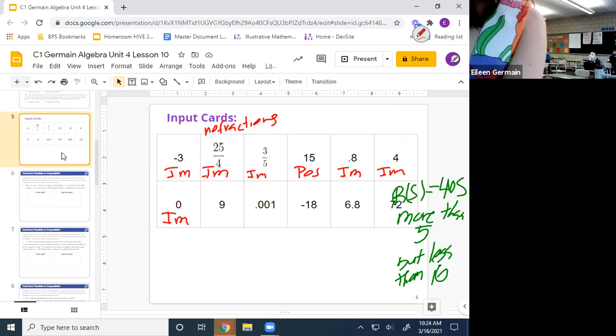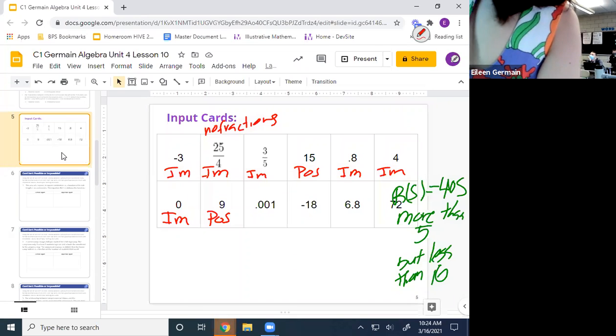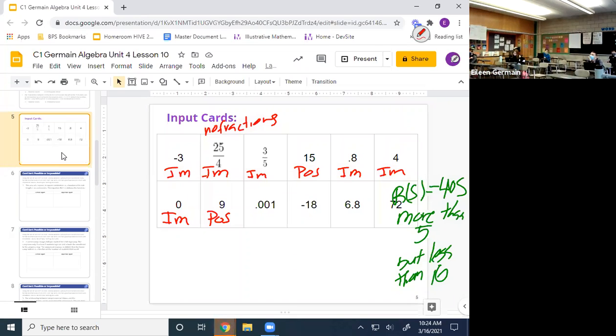9 students. Yes, very good. Because it is a whole number. And why? It's greater than 5, less than 16. 0.001. No way. Negative 18. No. Why? Because it's lower than 5. Very good. 6.8.